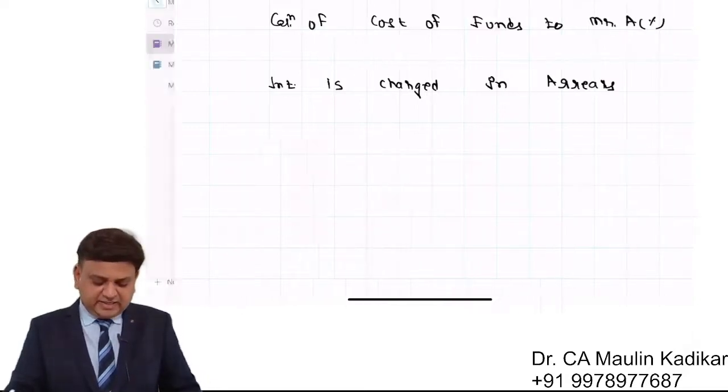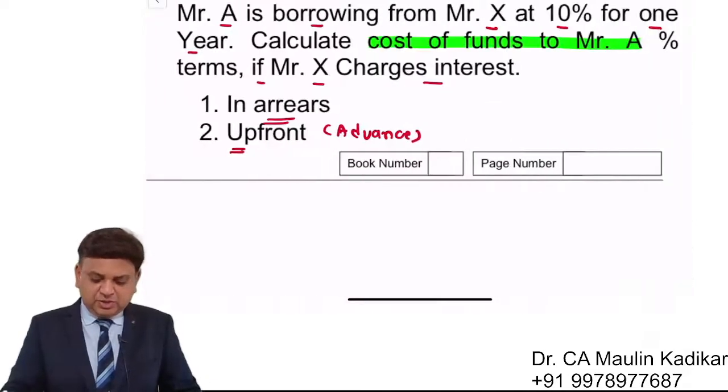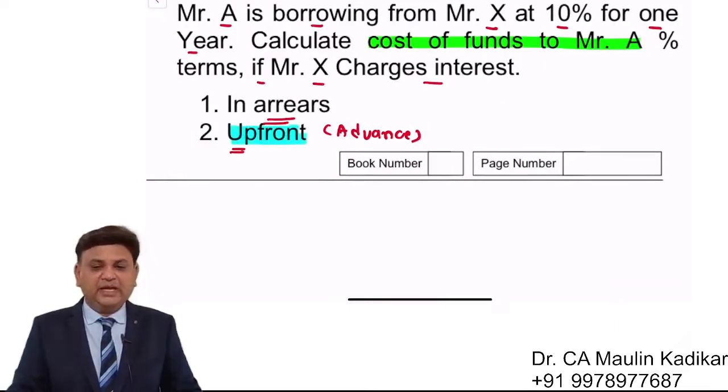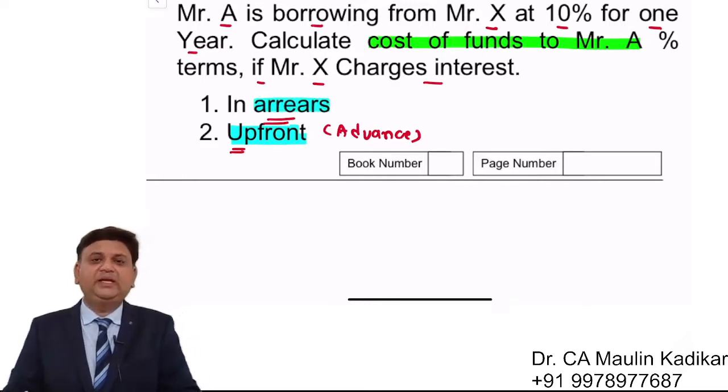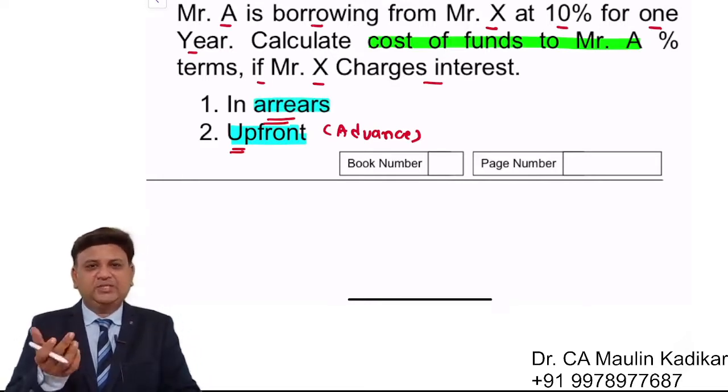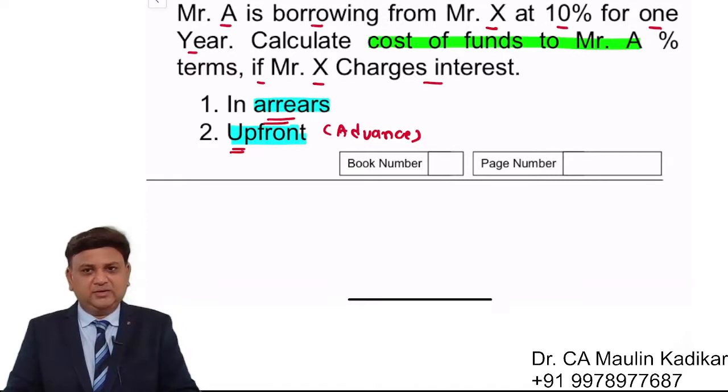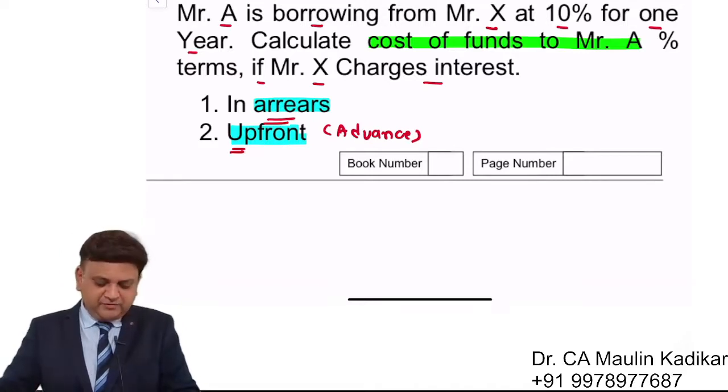Then in that case, technically you charge the rent from me upfront. And if at all you tell me that sir, you may make the payment to me at the end of every month, then in that case you are charging rental from me in arrears. That is the meaning of the arrears and upfront. I request you to give answer for both the questions in the chat box.